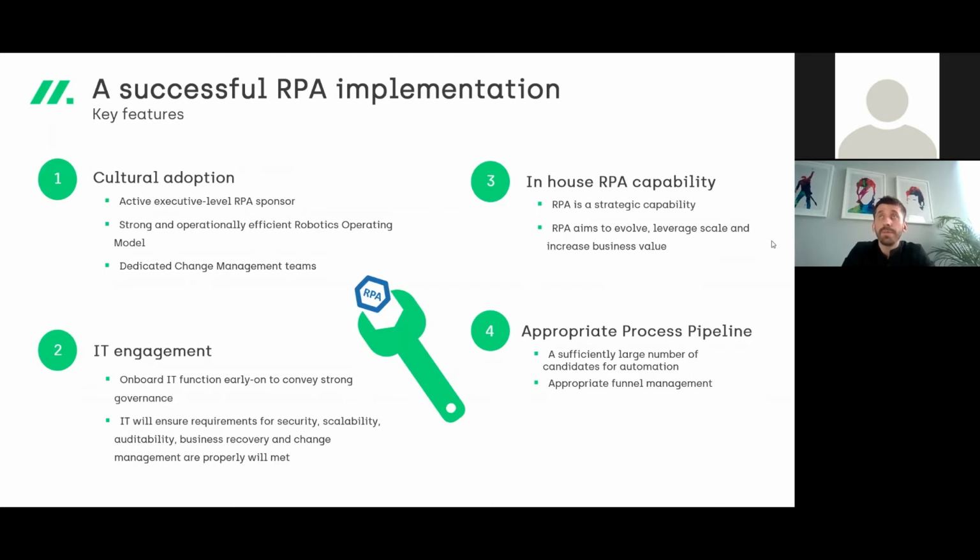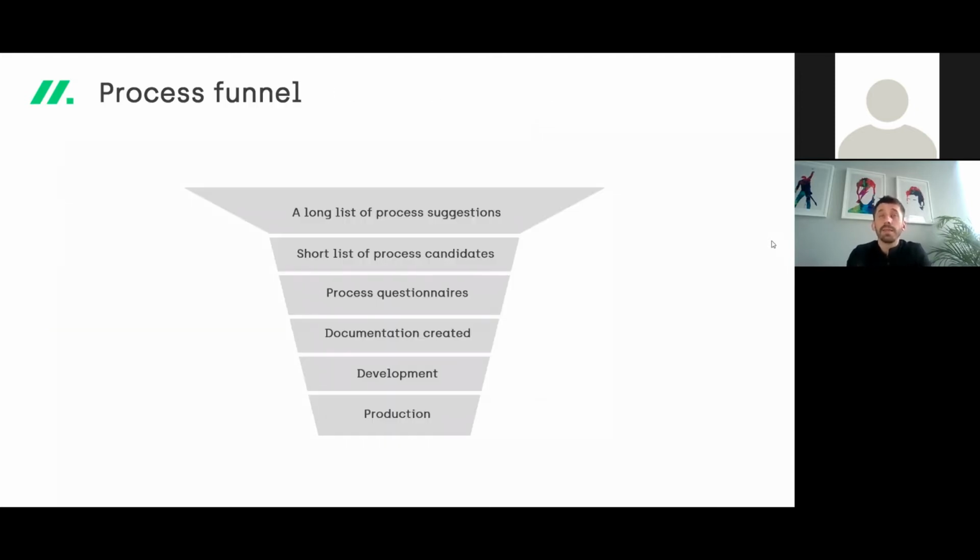Because if we create a list of, for example, 5 or 10 potential processes, it might not be enough to implement the complex RPA program within the company. And when we are building such a funnel, such a pipeline of the processes, first we should create the long list of rough ideas.